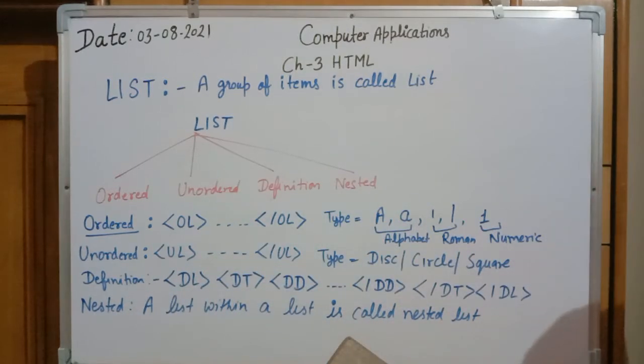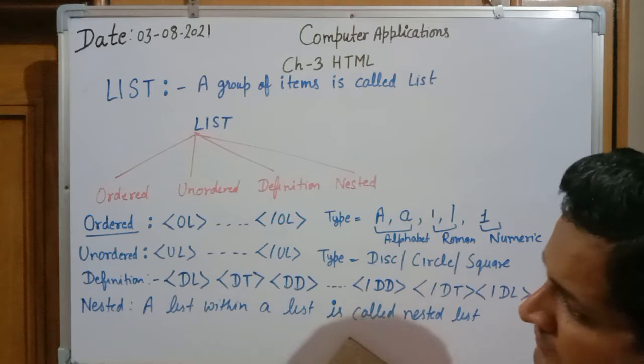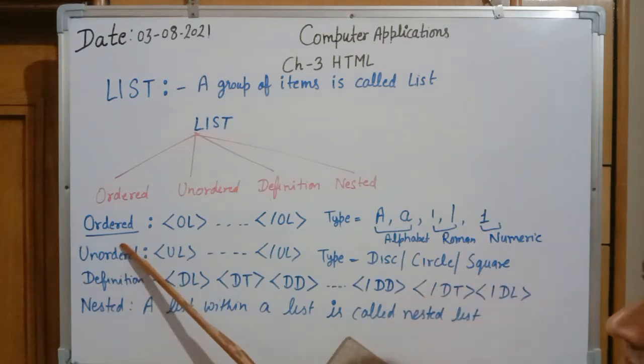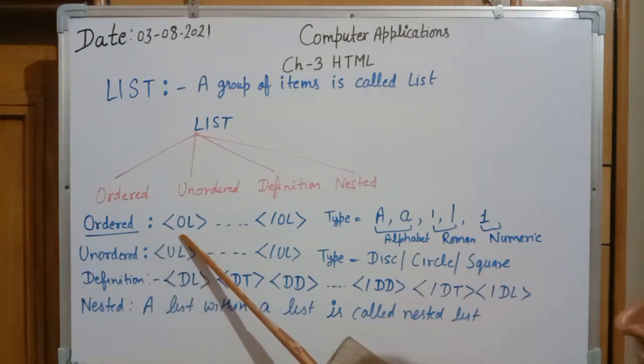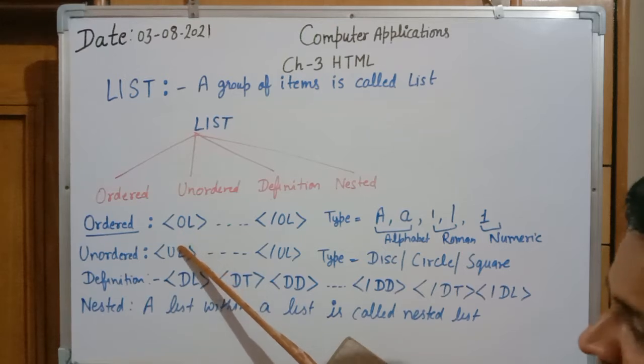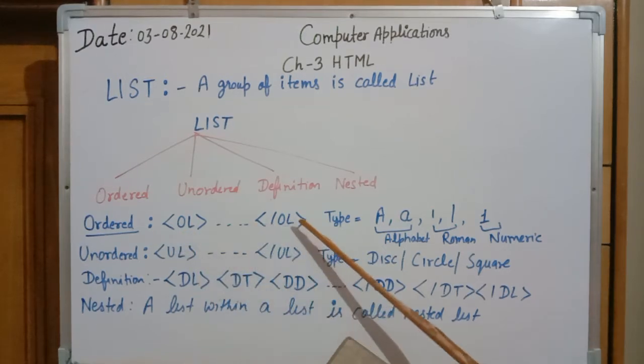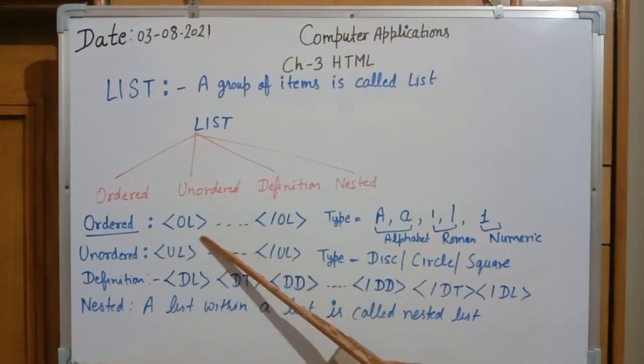Now the question arises, how to create the ordered list? To create the ordered list, we need the tag that is OL. OL means ordered list. It will start and it will close. That's why it is known as a container tag, because it is starting and closing also. And which type of order can we take?